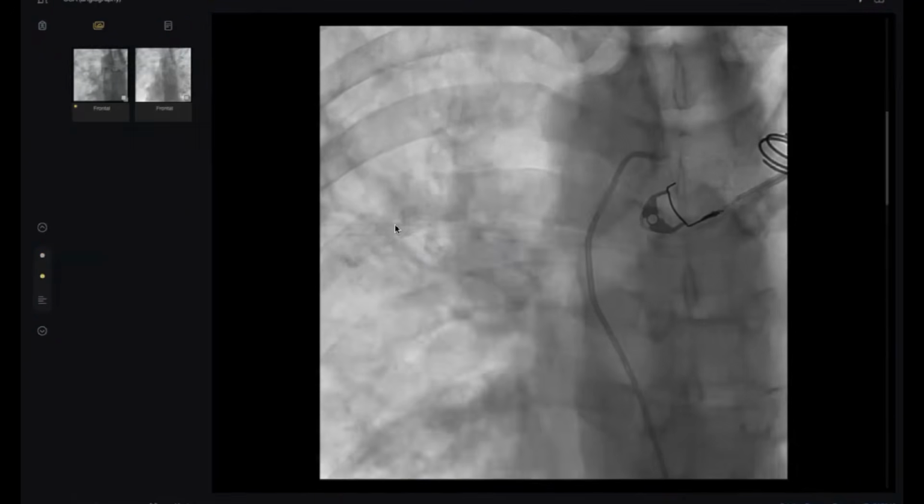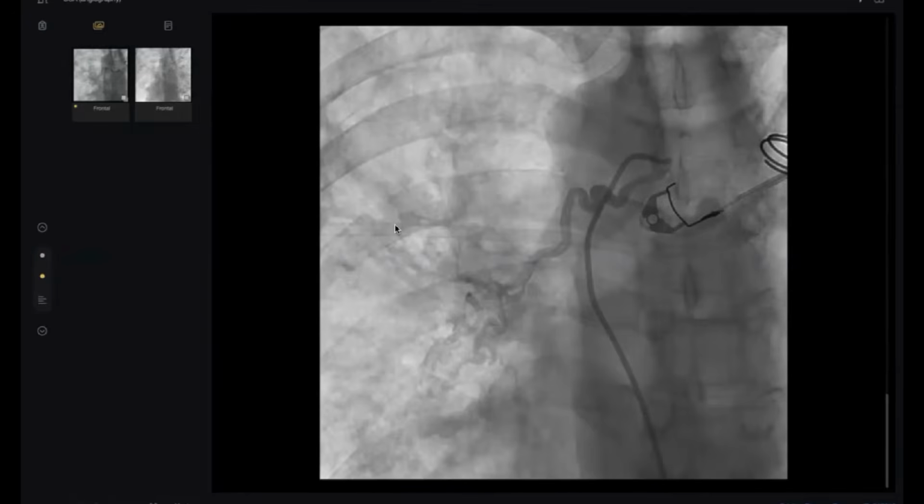So this is an interventional study, an angiogram, which shows that there are dilated tortuous vessels arising from the pulmonary artery, most likely, no, I think it's the bronchial arteries.